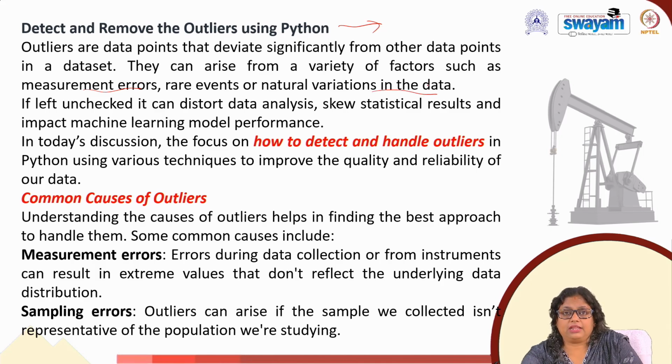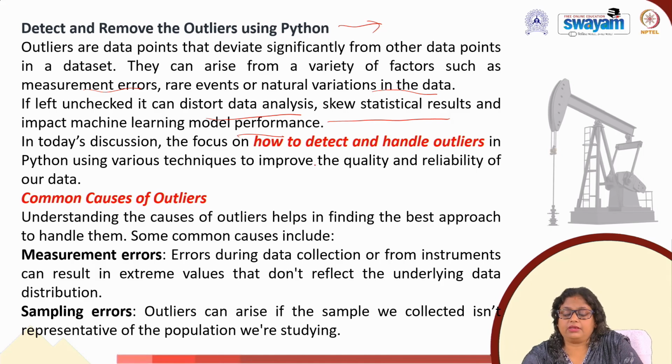If left unchecked, they can distort the data analysis, skew statistical results and impact machine learning model performance. So we need to handle outliers. In today's discussion, we are going to focus on how to detect and handle them.